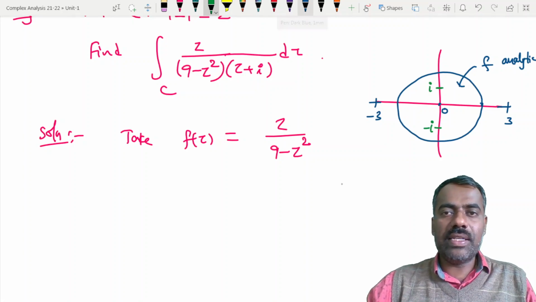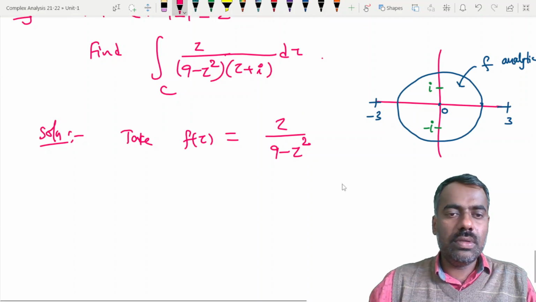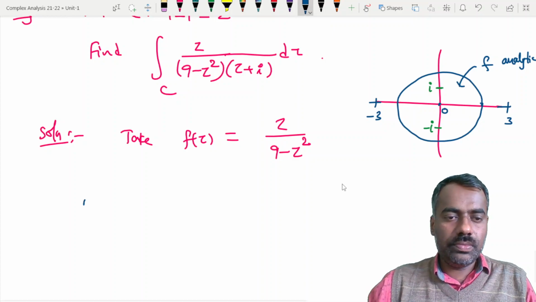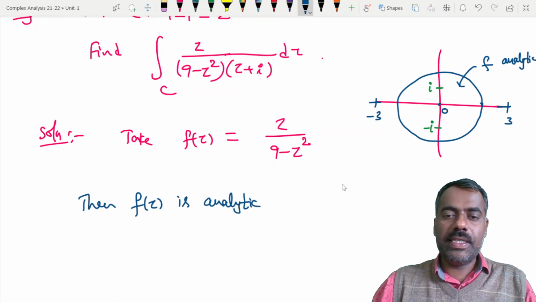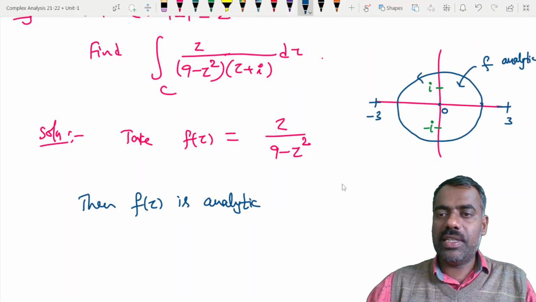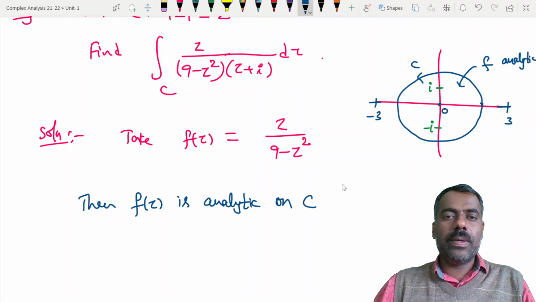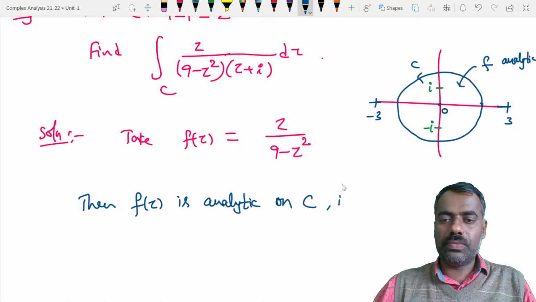So what you can write then is f of z is analytic on this C, if you call it C, and of course inside also.